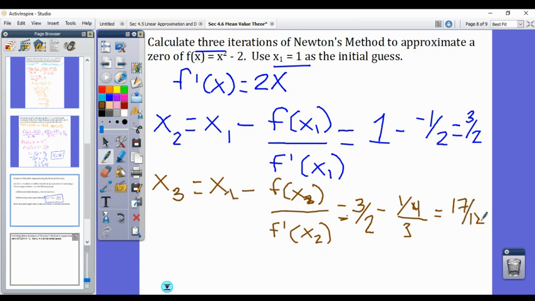So what I did was I stored 17 over 12 when I plugged that into my original f of x and into my derivative, because I found when I did not do that, I got the incorrect answer. Okay, so this next one, we're going to take x sub 3.